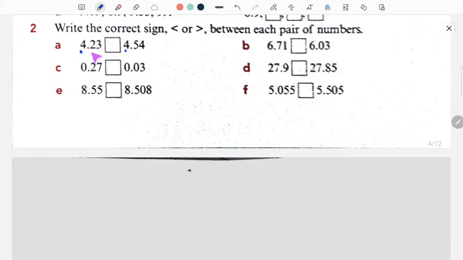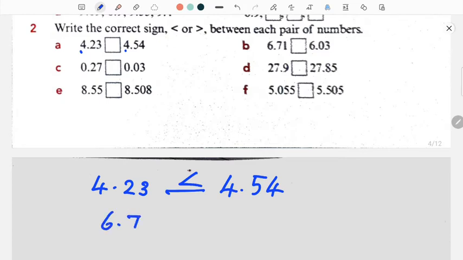Then check the digit in the tenths place, 2, 5. 2 is less than 5. 4.23 and 4.54. The whole number part is the same, 4, 4, and the digit in the tenths place is 2, here 5. 2 is less than 5. So 4.23 is less than 4.54.